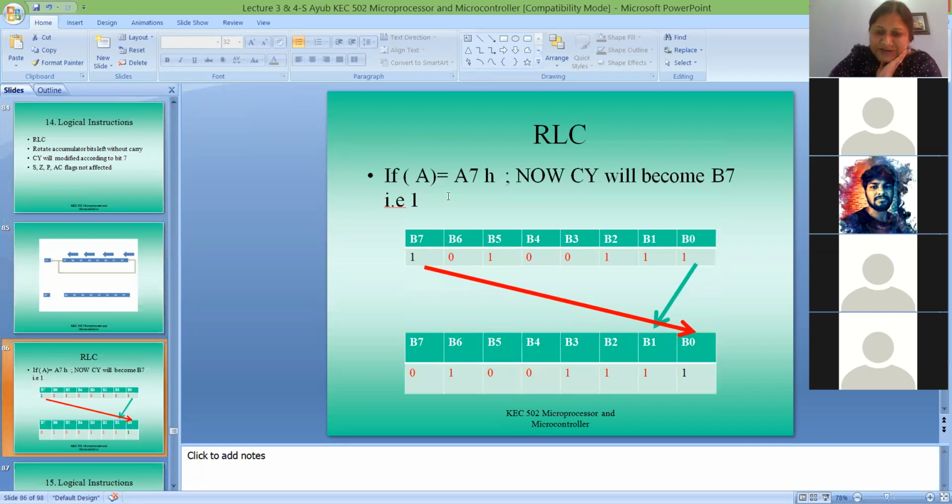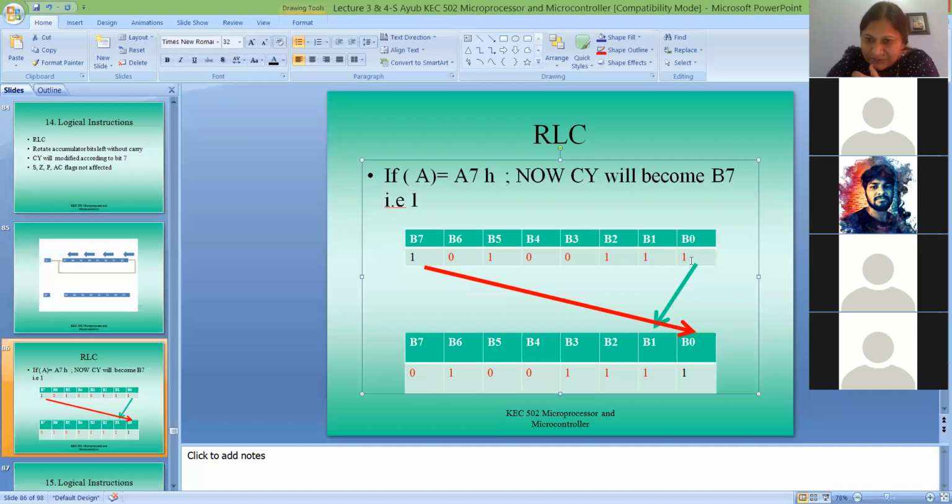Suppose your accumulator is containing A7 hex. A hex means 1010, and 7 means 0111. Now, if you write the instruction rotate left without carry, where C stands for without carry, then what will happen? According to our logic, all these bits, whatever is in red, will be shifted from this position to this position.